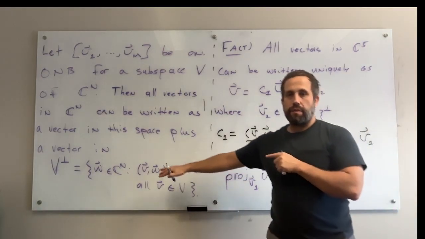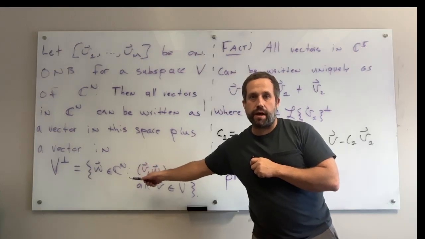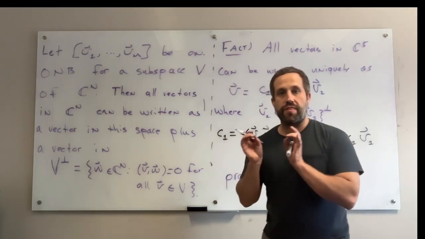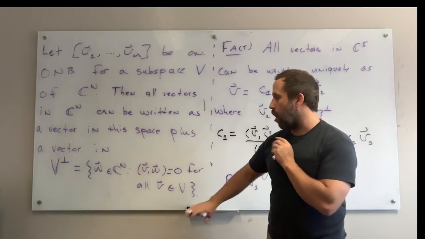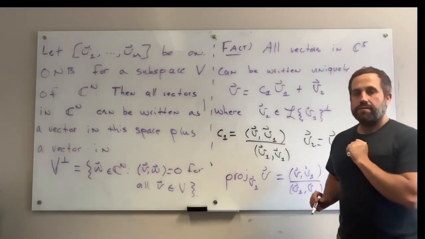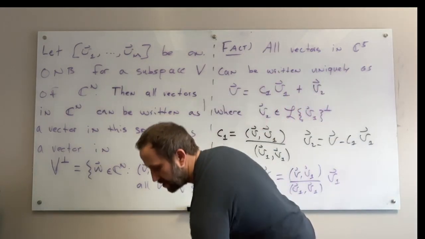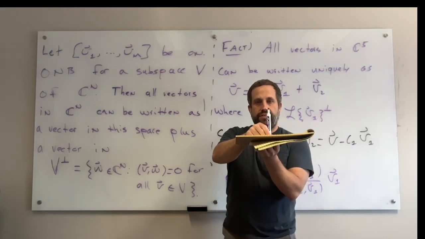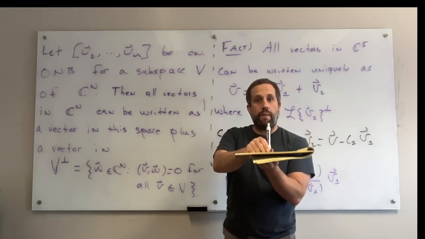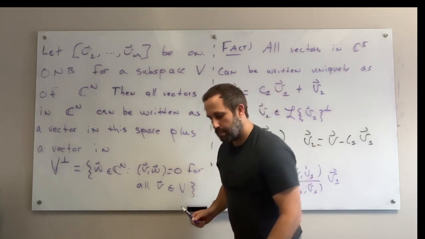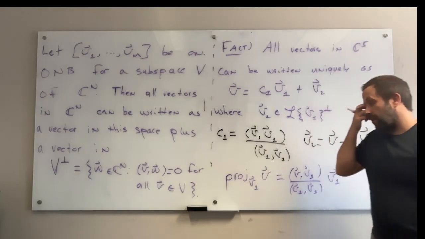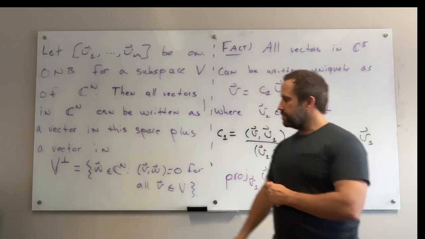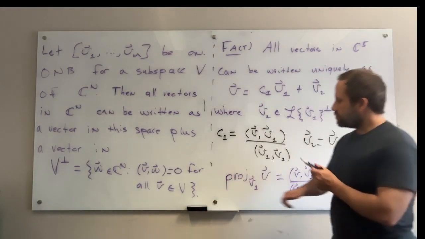The orthogonal complement of a subset, or of a subspace, is all of the vectors that are orthogonal to all of the vectors in that set. Again, if we go back to the R3 example, the orthogonal complement of my marker is the notepad, but the orthogonal complement of the notepad is my marker here. So the orthogonal complement of a subspace is the set of all vectors that are orthogonal to all vectors in that subspace. Okay, so how can we do this?